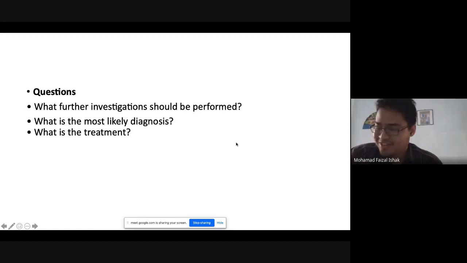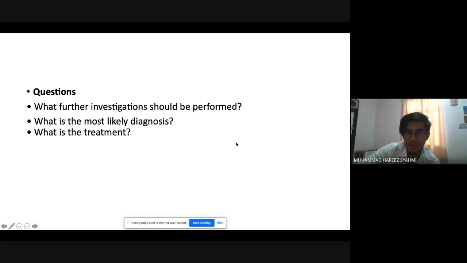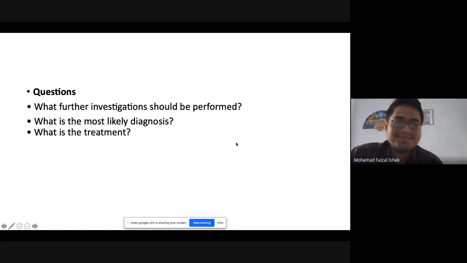Do a renal profile. Okay, renal profile, what do you want to see? Yes, creatinine level.